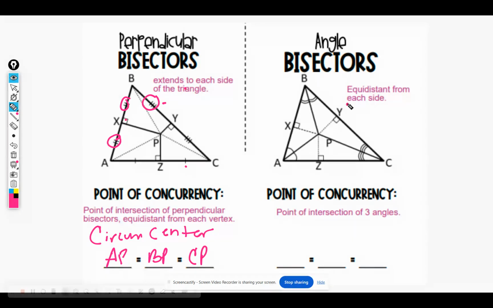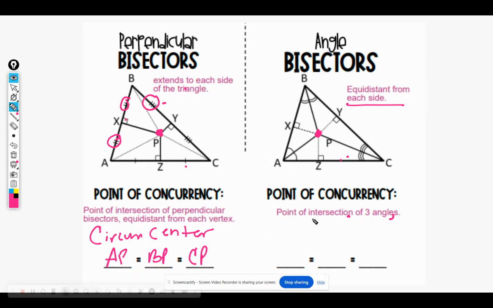And then we have our angle bisectors. With our angle bisectors, we know that they're equidistant from each side again. So there's an equidistance from each side to the angle bisector. Remember, the point of concurrency is the point where the three pieces meet.